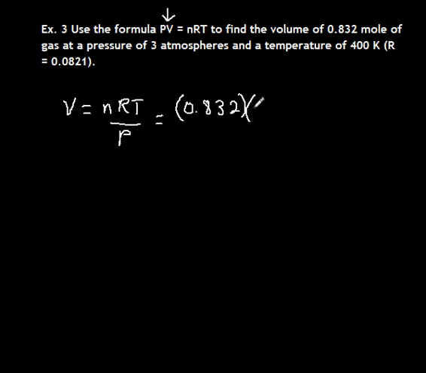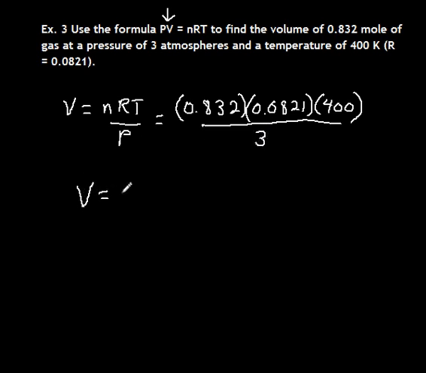R is the constant, 0.0821. Temperature is 400. Divide that by our pressure, which is 3 atmospheres. And you just put that in your calculator, you get volume equals 9.11 liters. And that's all there is for lesson 88.